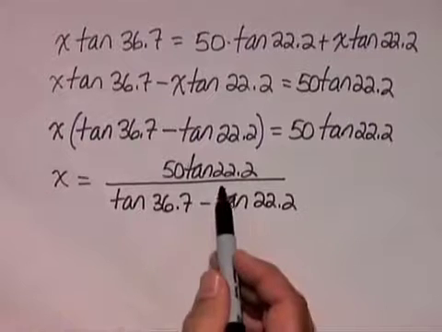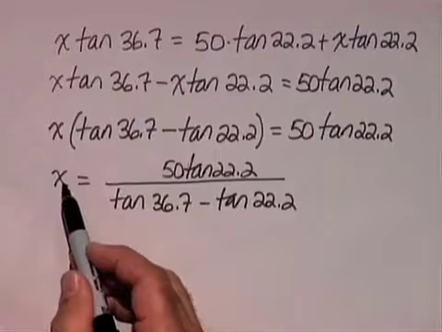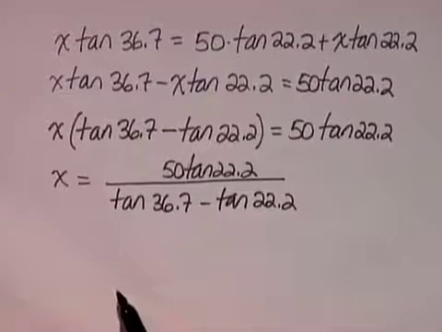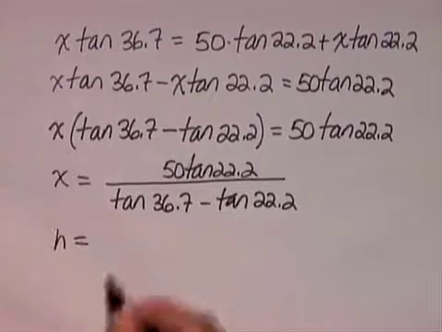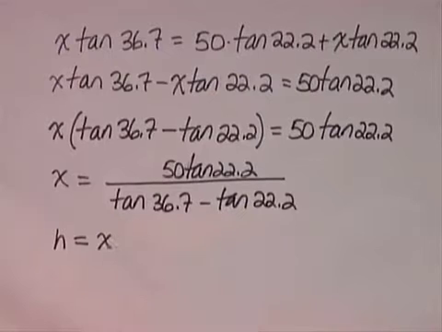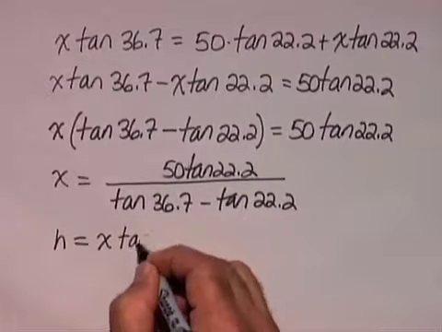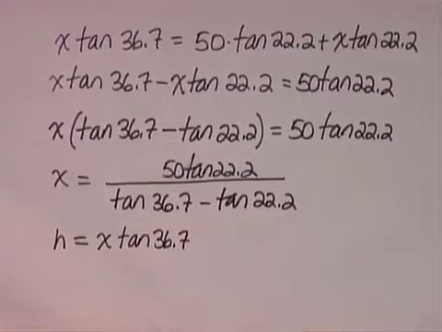At this point, I could substitute all of this into a calculator and calculate x, but because there's more to do with the calculator, let's go back to the equation which we solved in the very first part of the problem, where we had h was equal to x times the tangent of 36.7.